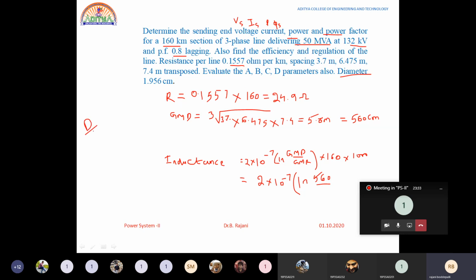Diameter by 2 gives you the radius, which is 1.956 by 2, equal to 0.978.